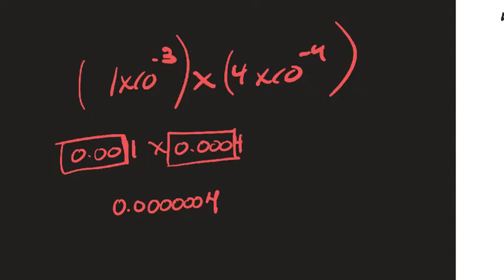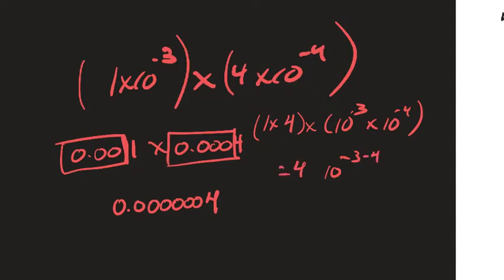In this case, if I take the 1 and the 4 times 10 to the negative third times 10 to the negative fourth, we have 10 to the negative 3 plus negative 4, which is really minus 4, sorry, minus 7. So we get 4 times 10 to the negative 7th.